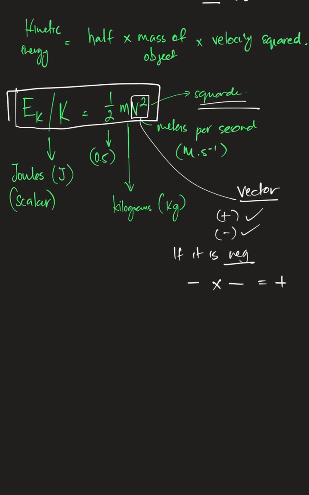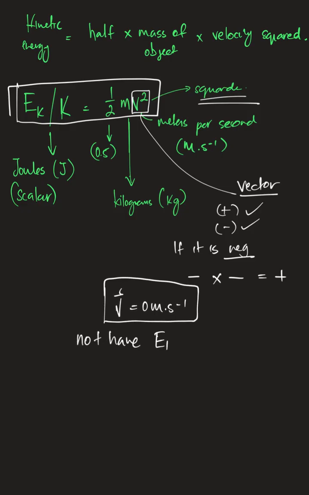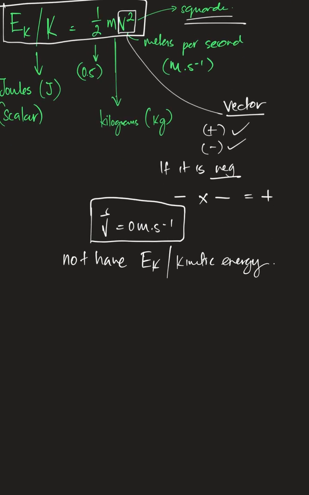In the instance that, let's say, the velocity is equal to 0 meters per second, that creates a situation where you cannot have kinetic energy. Let's see how that works. Let's say I had an object with a mass equal to 1 kilogram, and EK is equal to half mv squared.